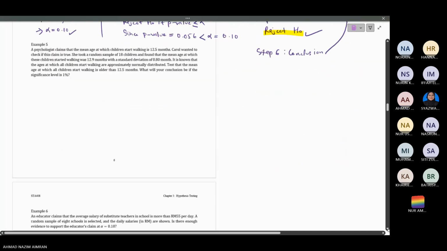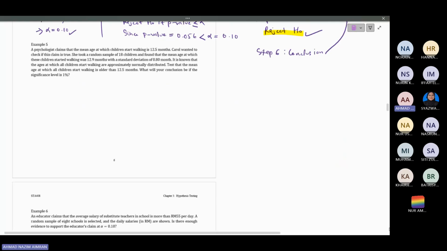If no problem, no question, I will proceed with the next example, example 5.